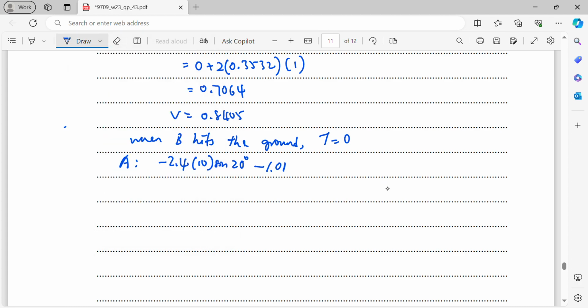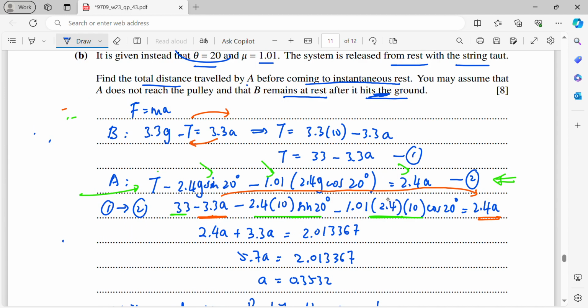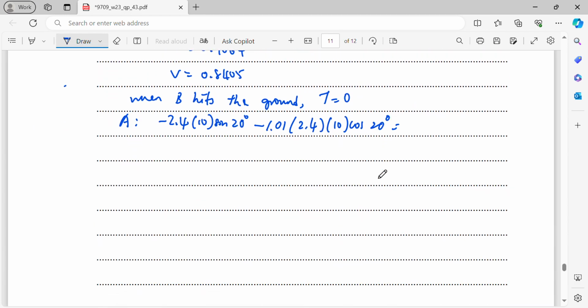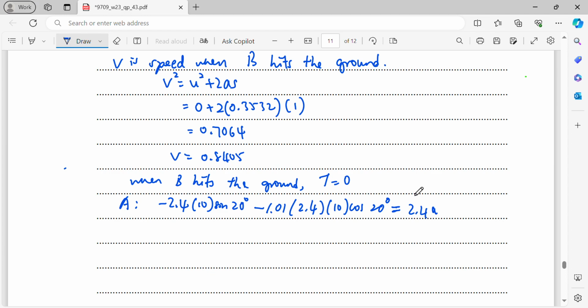2.4 G cos 20 degrees, that equals, on the right side, 2.4A. Then from here, 2.4A equals negative 30.9866.